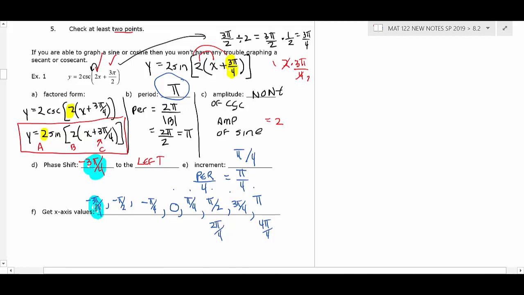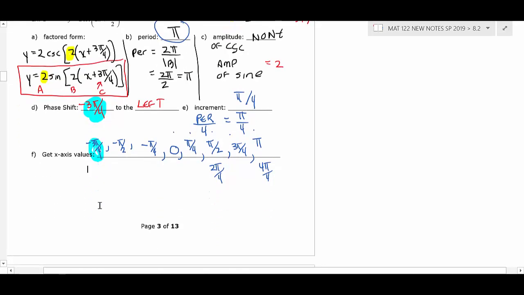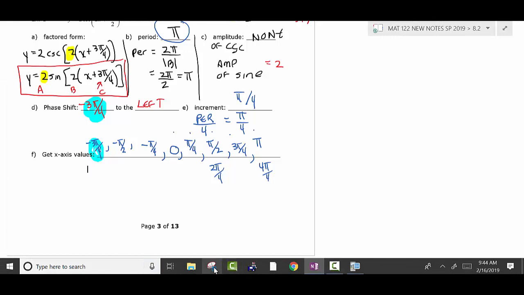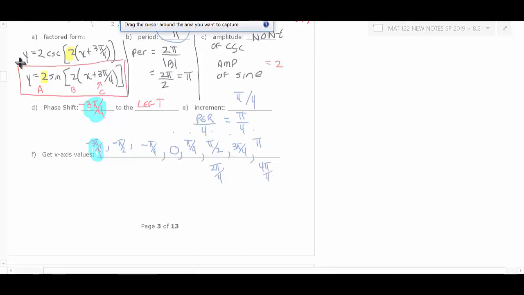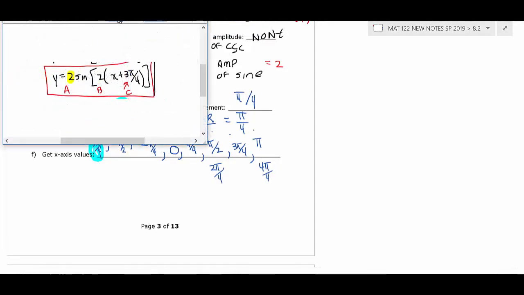That's the reason I'm counting back to negative 3 pi over 4, so I can begin my graph there. Okay? So I'm going to take a screenshot of this, and then we'll move to the next page because I need to refer to this as we go.